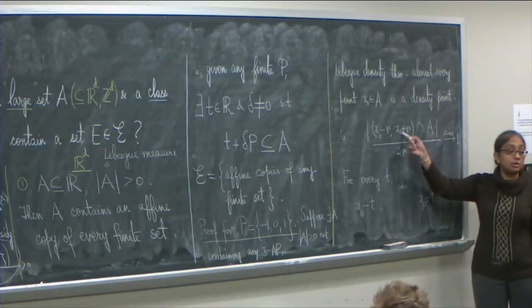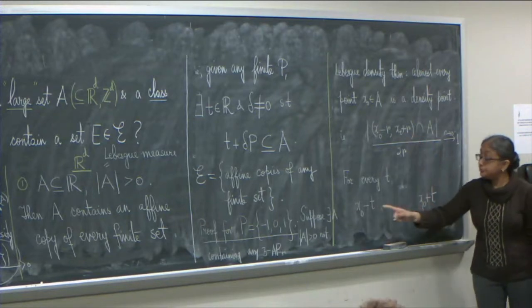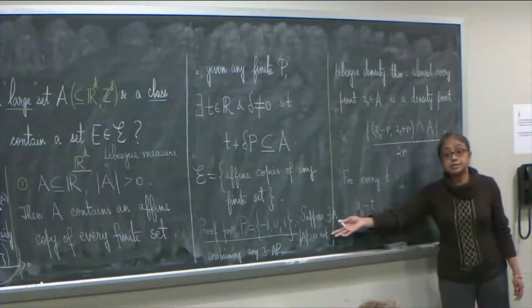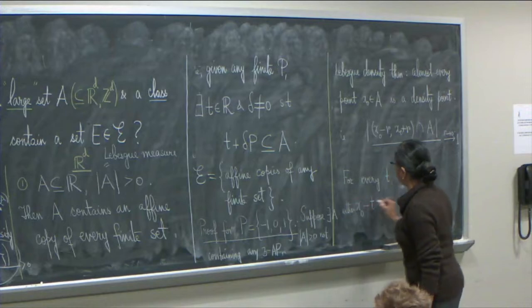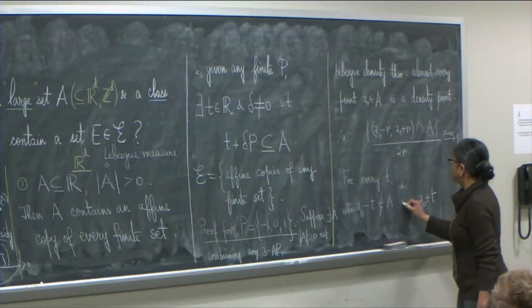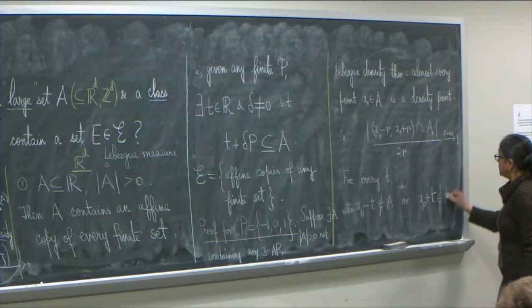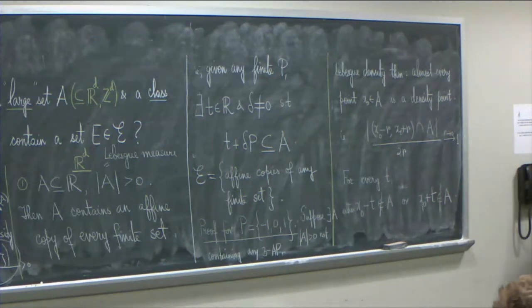Because x0 is already in A. If both of them were in A, it would contain a 3-term AP. So either x0 minus t is not in A, or x0 plus t is not in A.